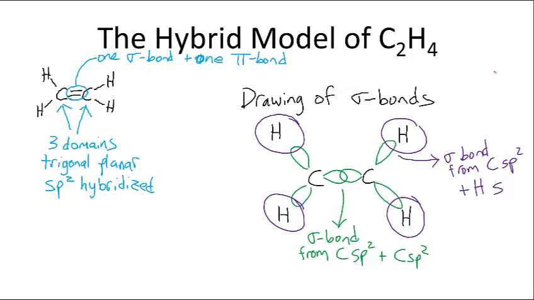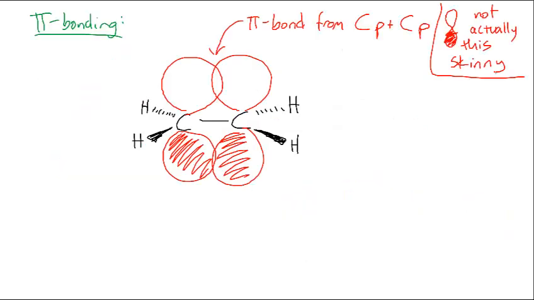So sigma bonds, because there is better overlap between the orbitals, and because the two electrons reside directly in between the two nuclei, or at least there's increased electron density directly between the two nuclei in the bond, that's going to be lower potential energy than when you have increased electron density up above the plane of the two atoms and below the plane of the two atoms. So sigma bonds in general are stronger than pi bonds. Absolutely.